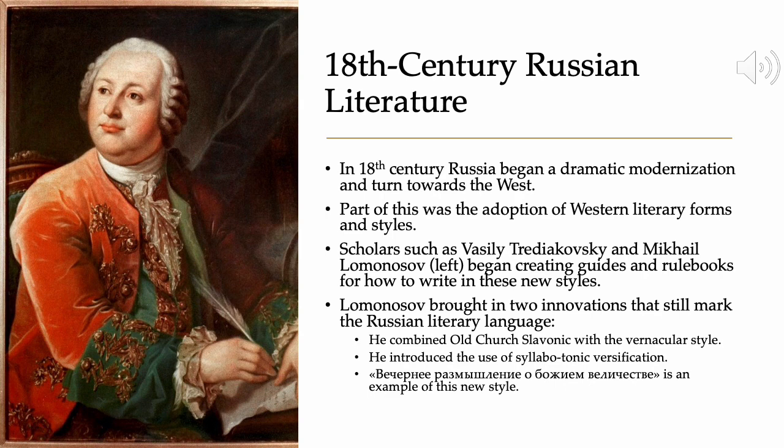And one of the changes that happened was the fairly deliberate creation of modern literature, as we in the West understand it. And so they deliberately adopted Western literary forms and styles. And you can see in this picture of Lomonosov here that he's dressed like an 18th century Western European nobleman.